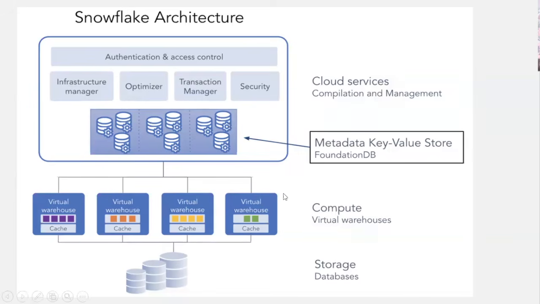Now, next is the virtual warehouse. Virtual warehouse, as the name suggests, is a compute layer. Whatever query is submitted, the optimizer prepares the query plan, but the execution is taken care of by the warehouse. Each warehouse, corresponding to its size, the t-shirt sizes extra small, small, medium, large, also has a corresponding cache allotted to it.